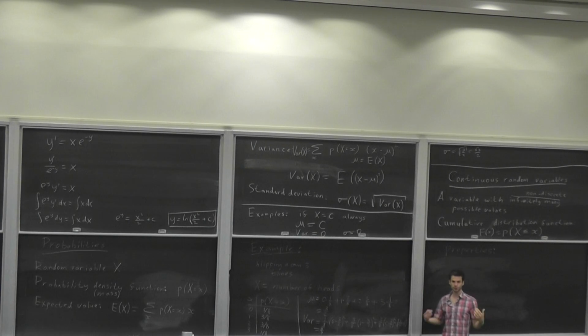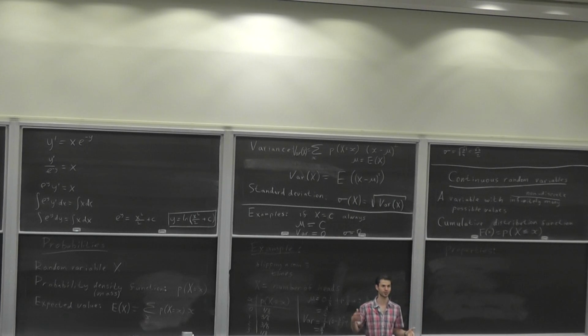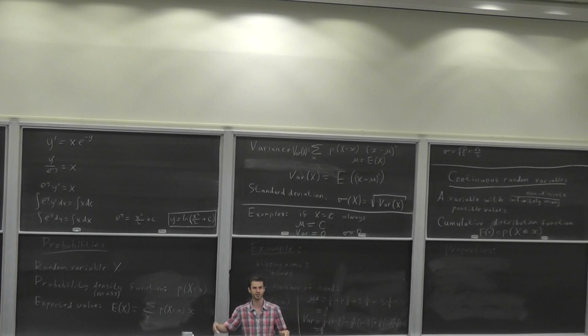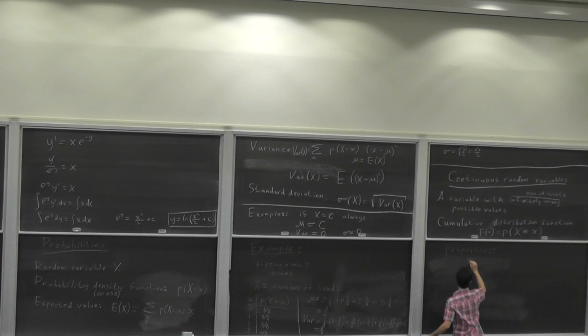Of course, the probability of a random person in this room having a height of at most 150 centimeters is smaller than that of a random person having a height of at most 180 centimeters, just because every person who has a height of at most 150 also has a height of at most 180. So F of x is increasing.